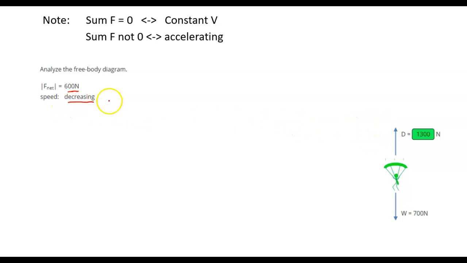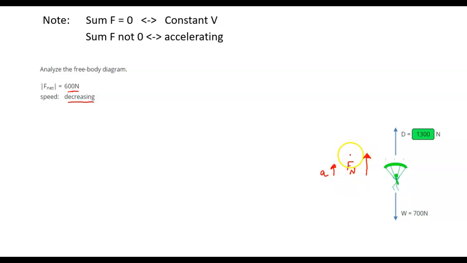And we know that the speed is decreasing. So if the speed is decreasing, clearly the person is falling downward, and the force that is causing that speed to decrease must be going in the opposite direction. So our net force is upward, and our acceleration is upward.